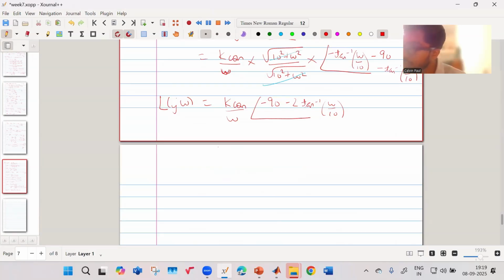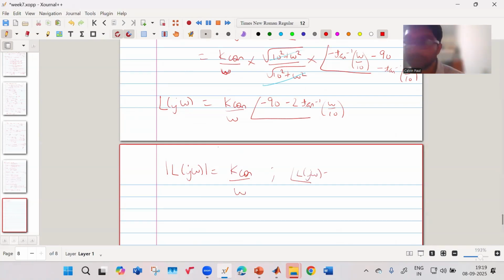Okay. So now what we want is the magnitude of L(jω), K controller upon ω, and the angle of L(jω) is minus 90 minus 2 tan inverse of ω by 10. So your phase margin is what? 180 plus the angle of L(jω).